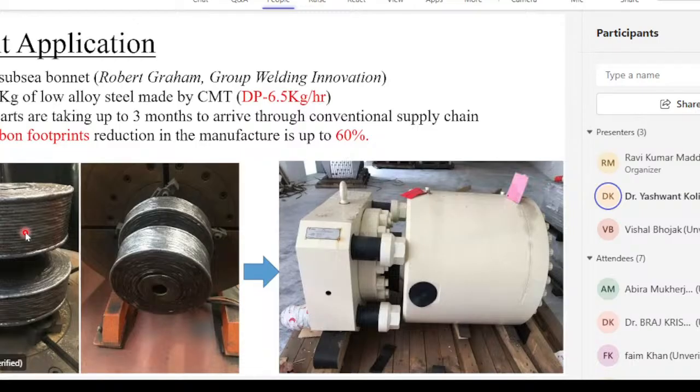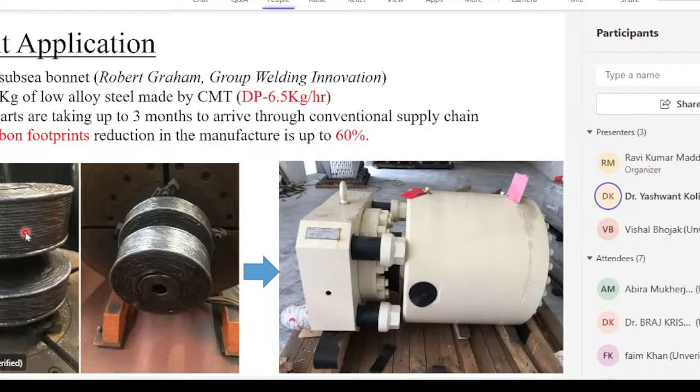Conventionally, to make this subsea bonnet, it takes almost 3 months to arrive at a single component and assemble it under one roof. But with the CMT WAM process, we can make this full component in hours or 1 day under one roof. That has set a standard.